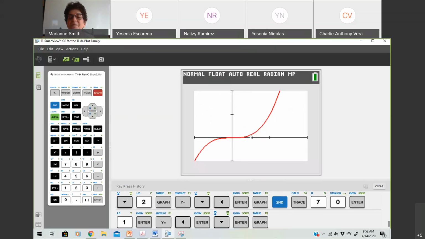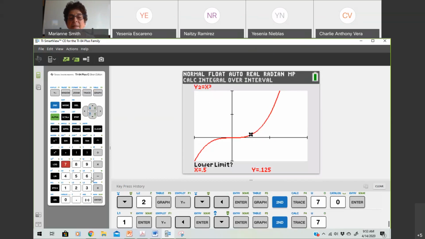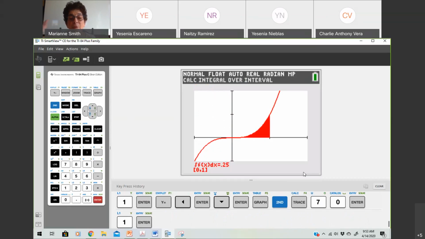Okay, and see if I can find the area between that and the x-axis between 0 and 1. So second, trace 7, lower limit 0, upper limit 1, and that gives me 0.25.